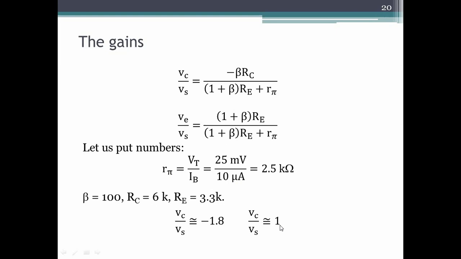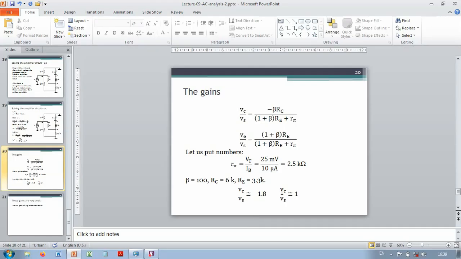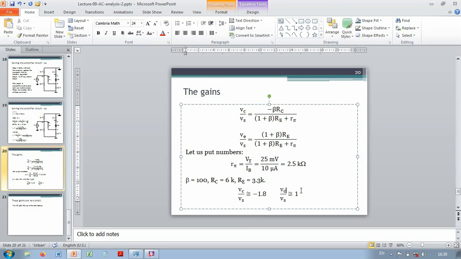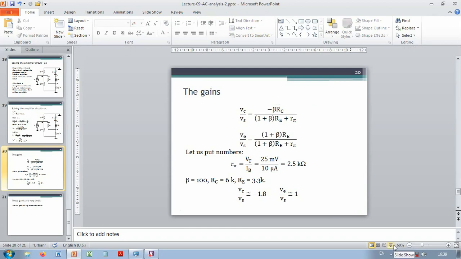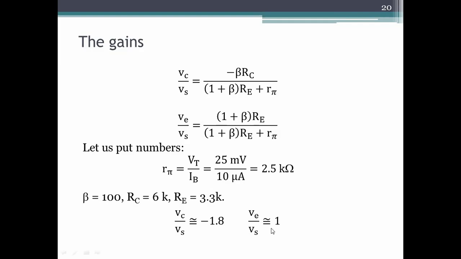VE by Vs is approximately 1. Oh, I'm sorry, this was written as VC by Vs. It is important enough that I should change it. This is VE. Okay. So VE by Vs is approximately 1, and you can see this here: this is 100 times RE, which is 330, by 330 plus 2.5.